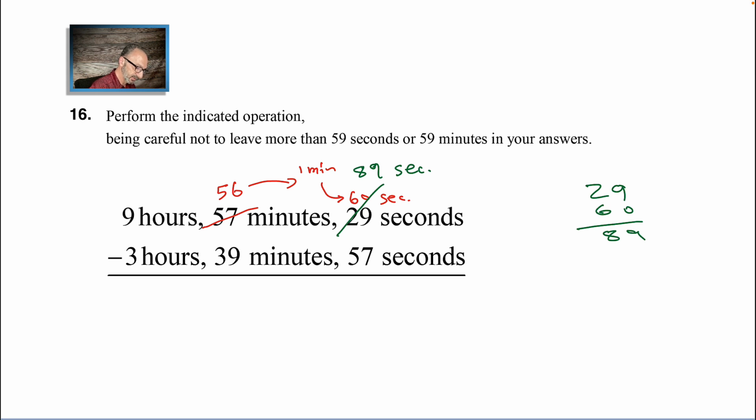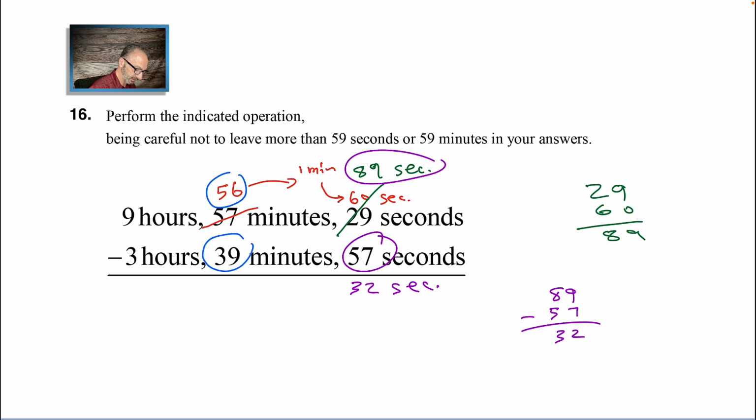Now 89 seconds minus 57 seconds. 89 minus 57. 9 minus 7 is 2. 8 minus 5 is 3. So we have 32 seconds. Going to the left, 56 minutes minus 39 minutes. 39, 40, 40 to 56 is 16, and 1 is 17.